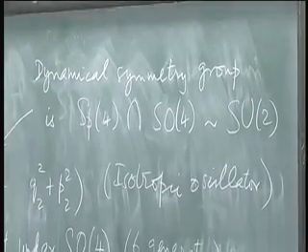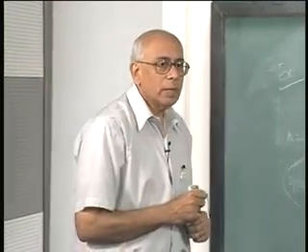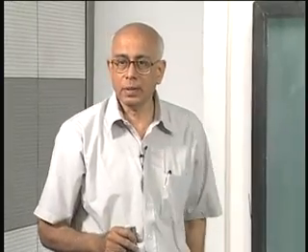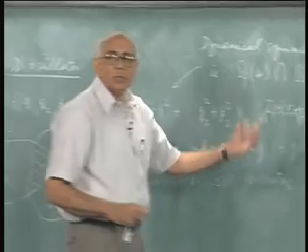It is a set of 2 by 2 matrices which are unitary and have determinant +1. The matrices could have complex entries, does not matter, but it is a set of unitary matrices. What is the definition of a unitary matrix?